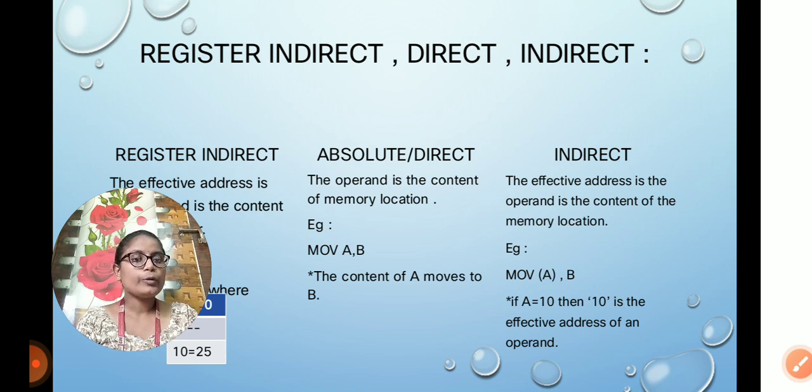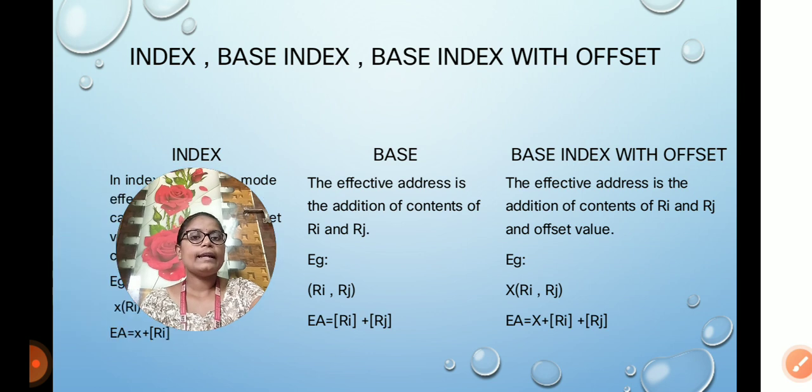If A equals 10, then A is the effective address of an operand. MOVE (A), 10. The content stored in memory location A is the effective address. From that address we are fetching an operand to perform an operation. That is the indirect addressing mode.